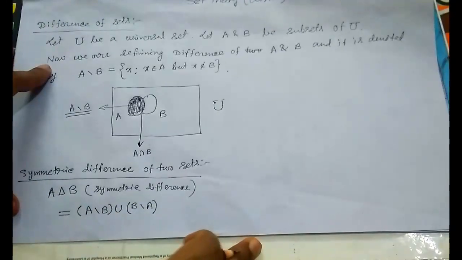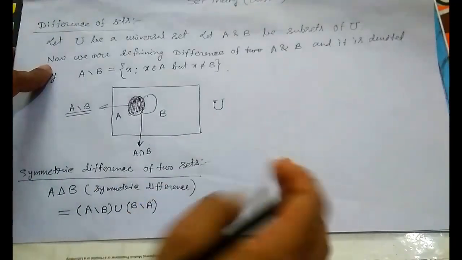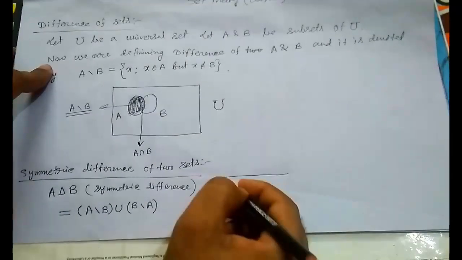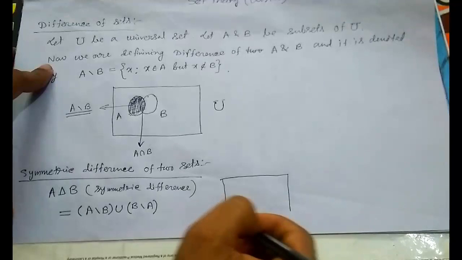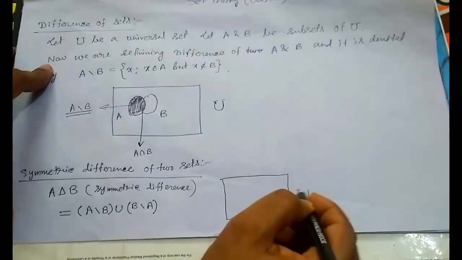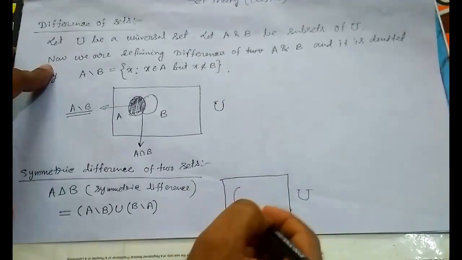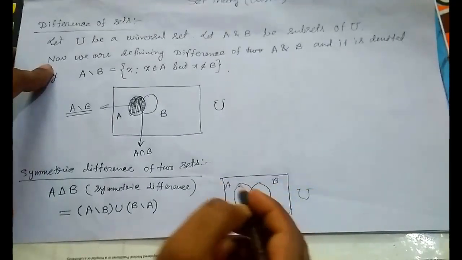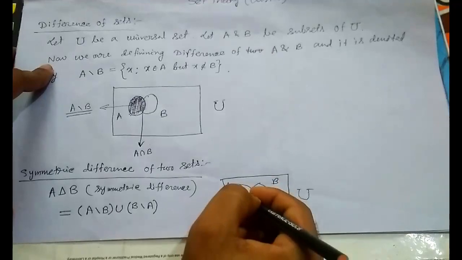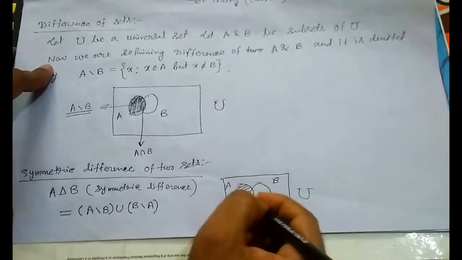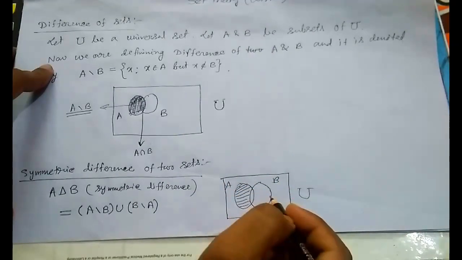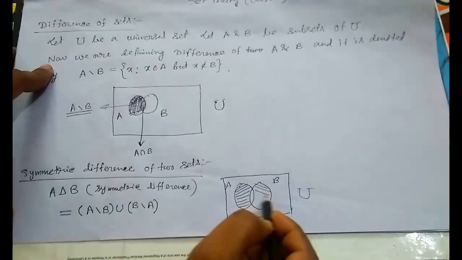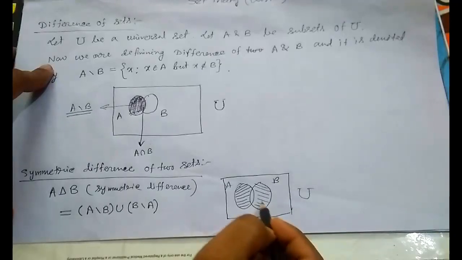Okay, if I draw the picture of this definition, so this is our universal set, this is our U, this is our A, this is our B. So A minus B is the shaded region, and similarly B minus A is this shaded region.